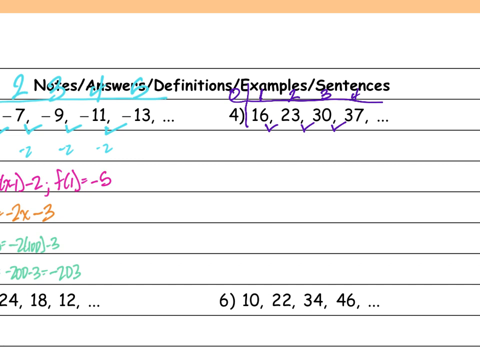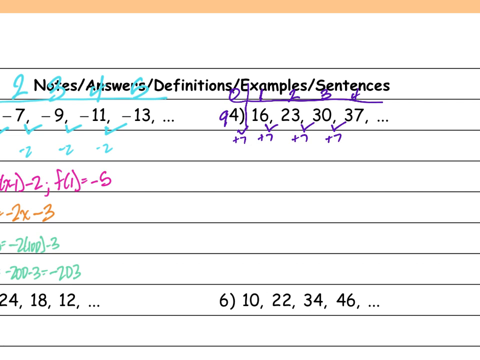Yeah, adding 7. So I'm adding 7 every time. So what would I add 7 to get 16? 9. So my 0th term should be 9, because my difference here should also be plus 7, right?